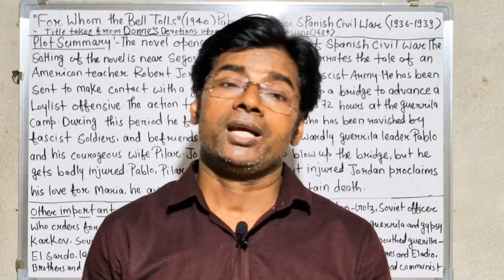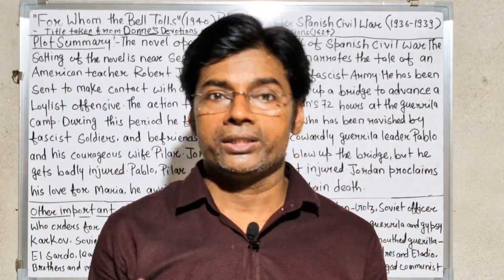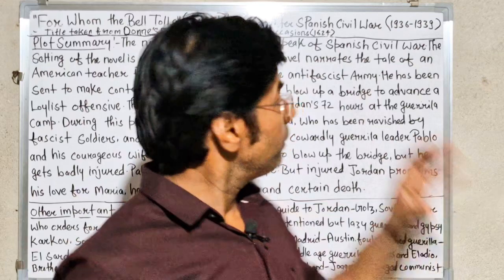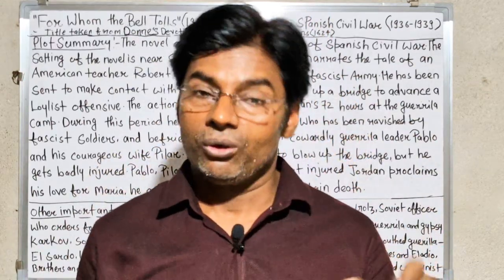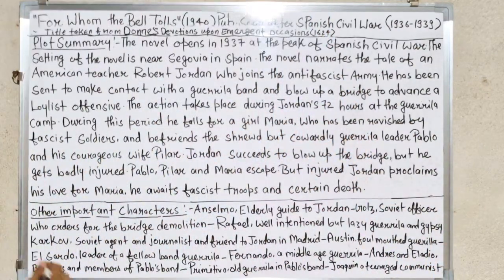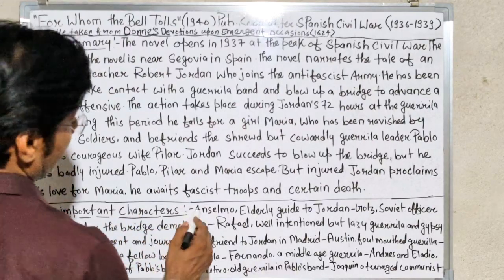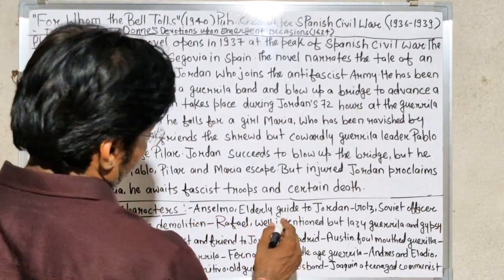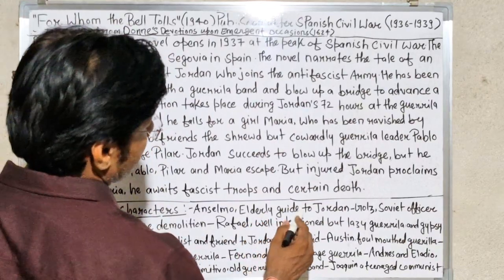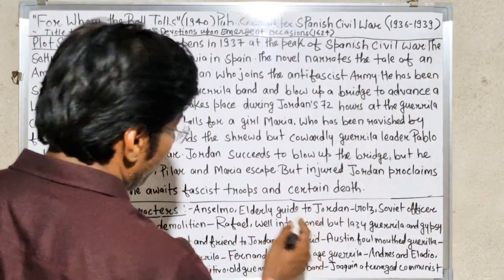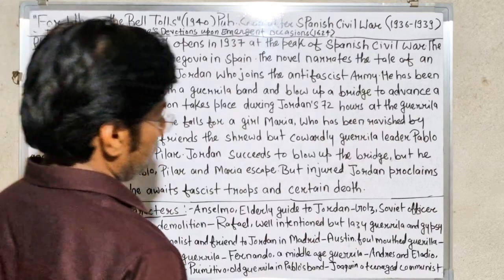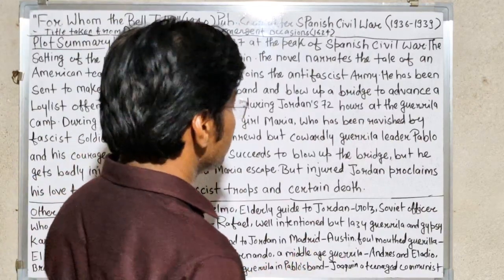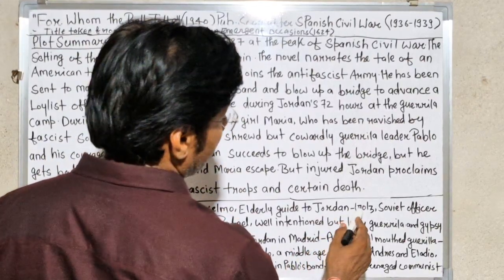Now let's look at the important characters apart from these characters of this novel. Other important characters like Anselmo, an elderly guide. He guides Jordan to the camp of the guerrillas through the hills and the jungle.